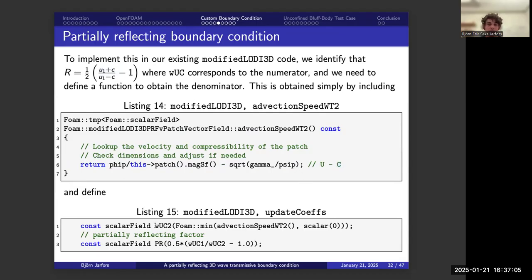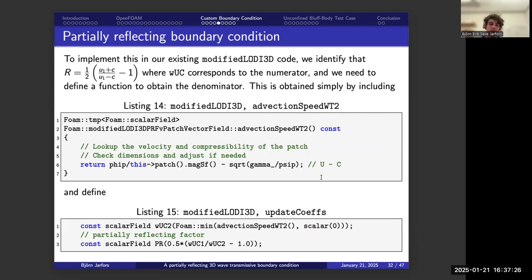And then we define the WUC2 as the minimum of the advection speed and the scalar 0. Because here we're expecting that for subsonic cases, which is what this boundary condition is applied for, that c is greater than u, so then it should be a negative value.